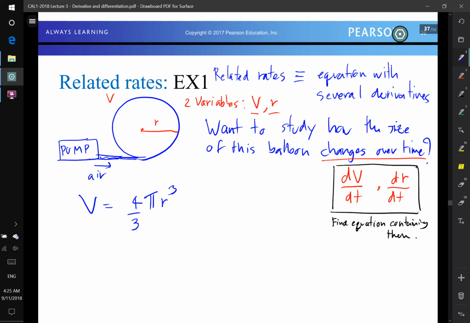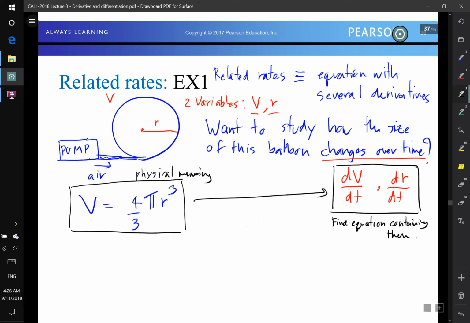So we have this formula for the volume of the sphere available here. We are going to start from here, which has physical meaning. In this case it is the volume of a sphere, and we want to go from here to find the relationship between these 2 rates.